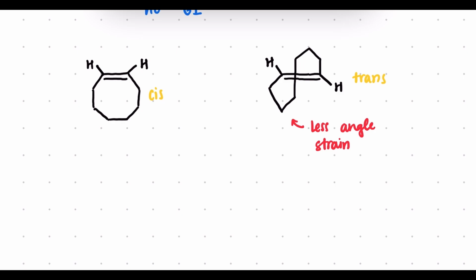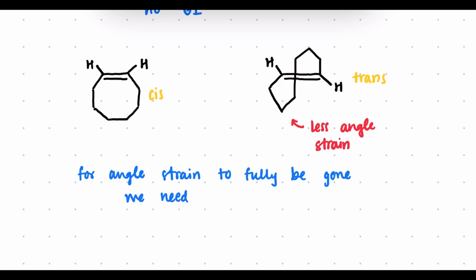Now for angle strain to fully go away, we need at least 11 carbons.